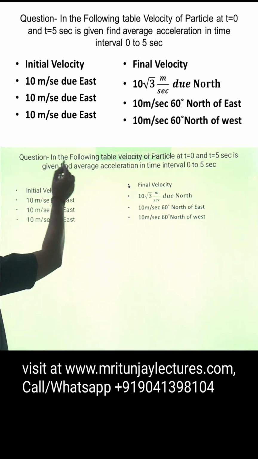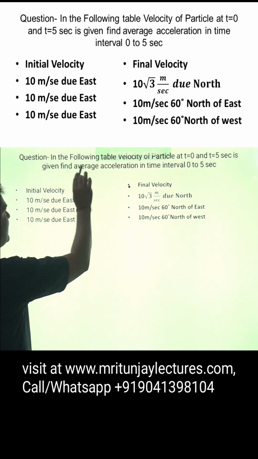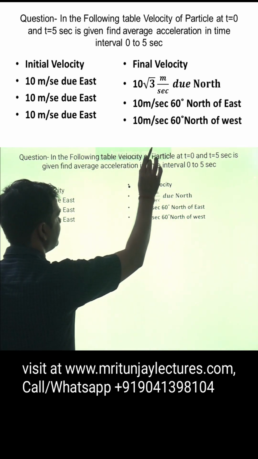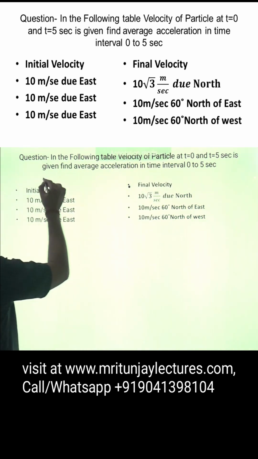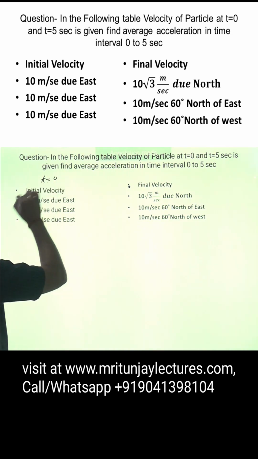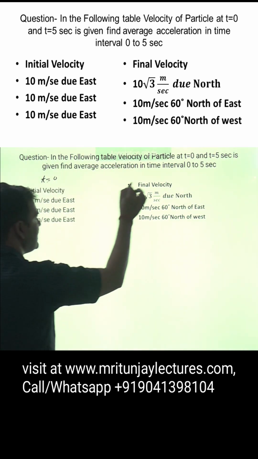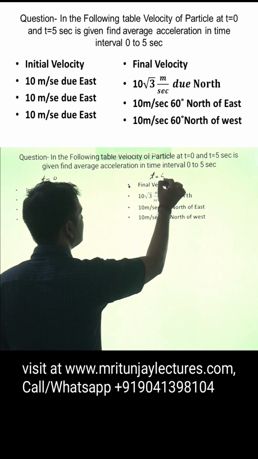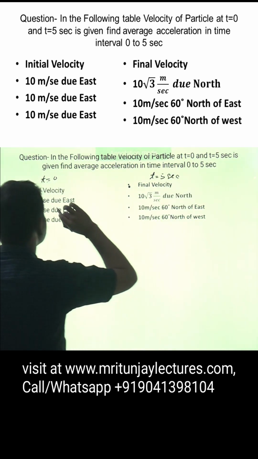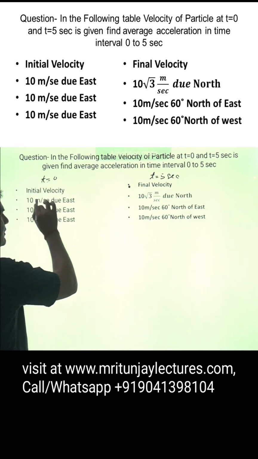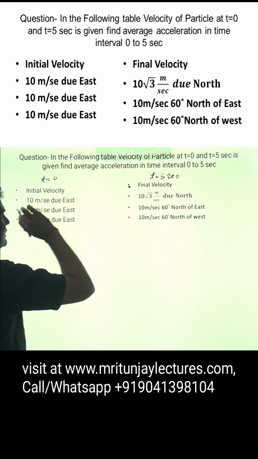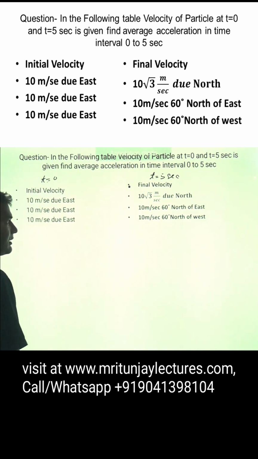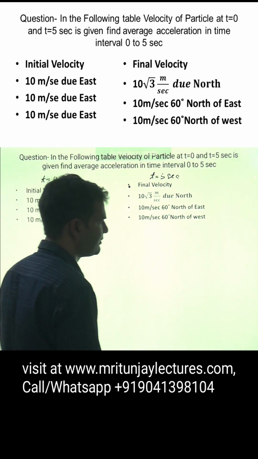Now, according to the question, the next part: in the following table, the velocity of a particle at t equal to 0 and t equal to 5 seconds is given. So the average acceleration in the time interval 0 to 5 seconds.